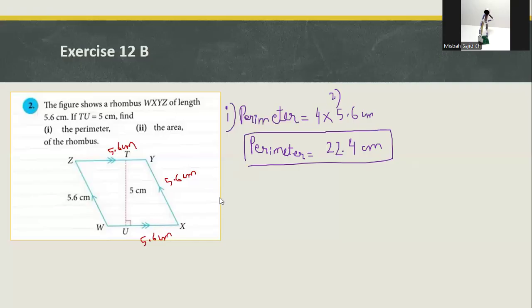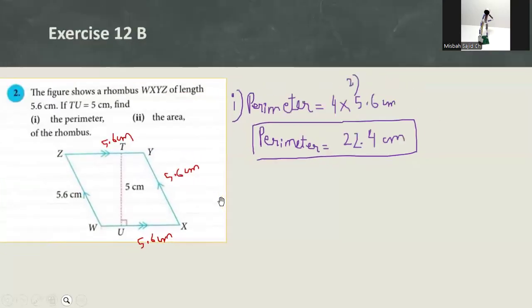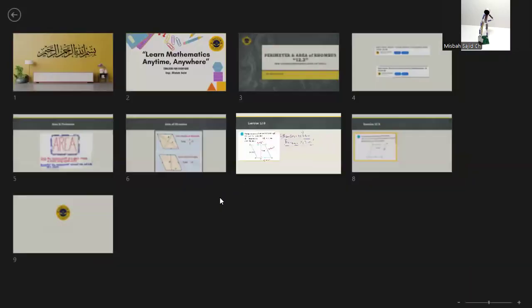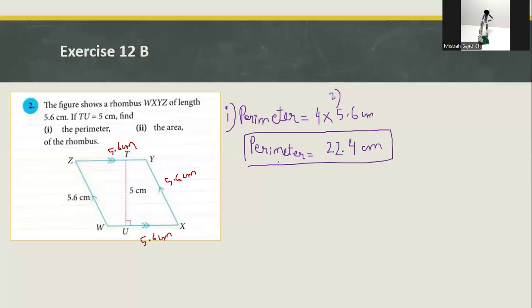Now let's proceed to the second part, area. Area is, we are given the height, multiplied by any of the sides.